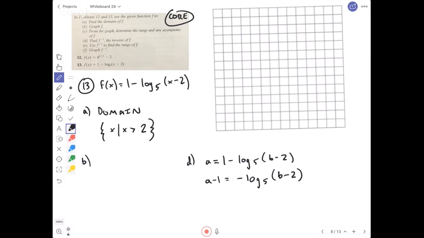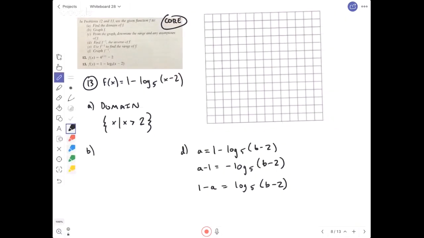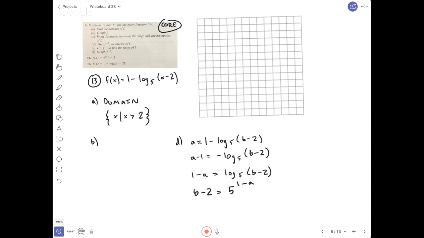So that means 1 minus a equals log base 5 of b minus 2, which means b minus 2 equals 5 to the 1 minus a, which means b equals 5 to the 1 minus a plus 2.